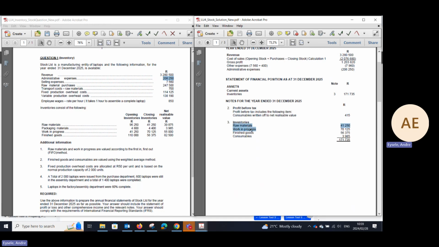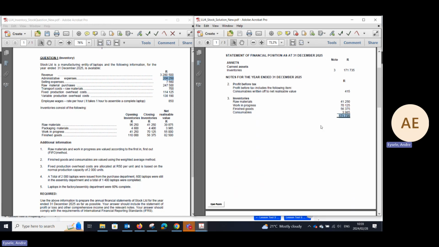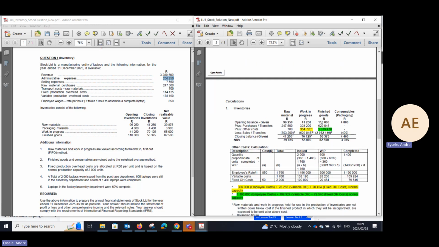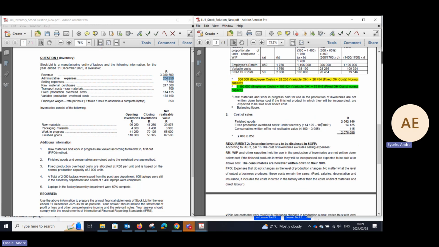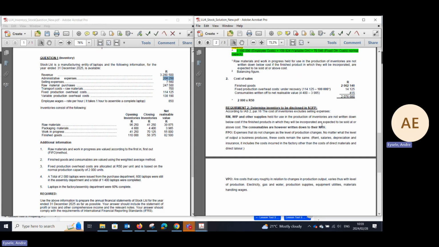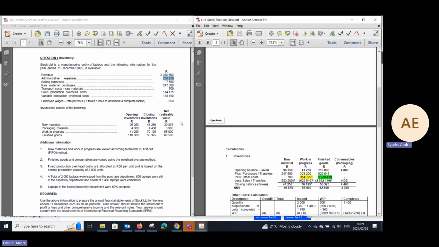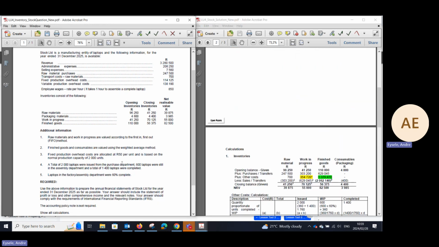It consists of raw materials, work in progress, finished goods, and consumables at the write-off value of 315, and that is 171735. Colleagues, and that is how you deal with the items on IAS2, where we have items that are only issued to production, but only a part of them has been completed, like we see in number 5 here.